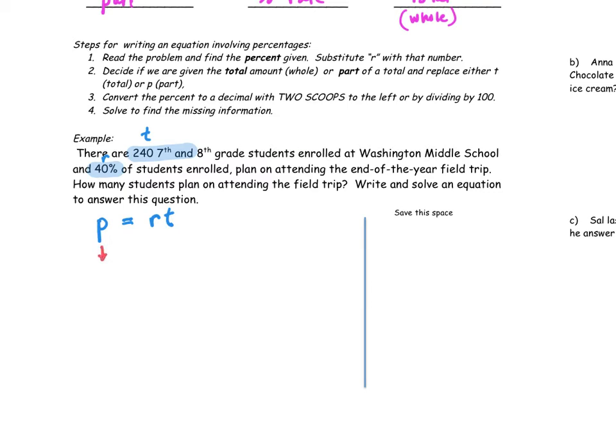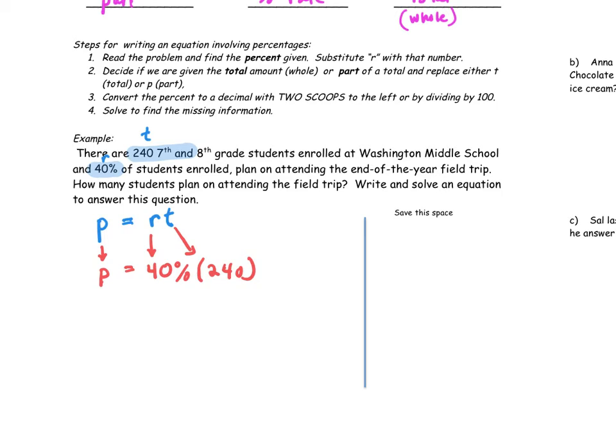We're trying to find the part, so we're going to leave the variable P. We're going to replace R with the percentage that they give us, which is 40%, and then we're going to replace the T with the total, which is 240. However, you're going to notice these two variables are side by side, which means multiply, and when we replace it with a number, we have to put the number inside parentheses, which means that we're multiplying.